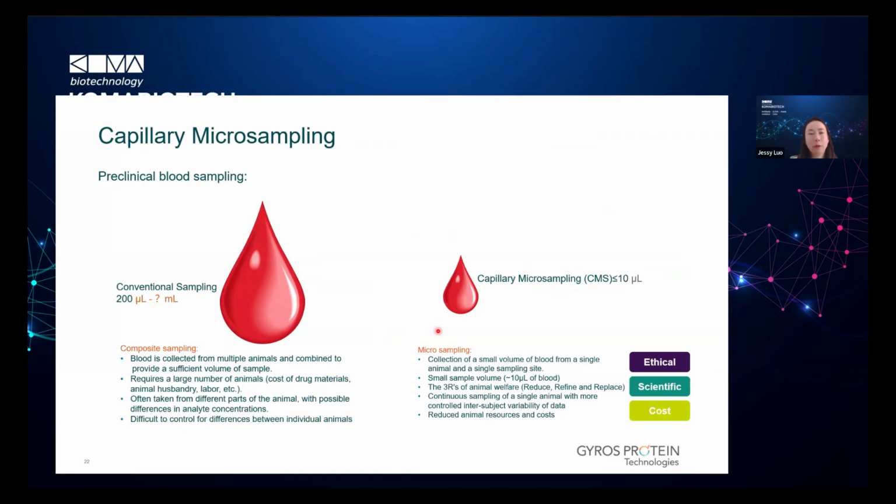For each of the data points that we collect from mouse, usually with ELISA or other platforms, they need at least 200 microliter from each mouse. But if using Gyrolab, we need only 10 microliter per data point. That's already enough.